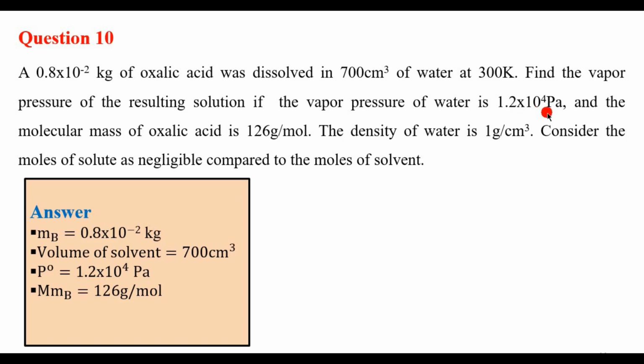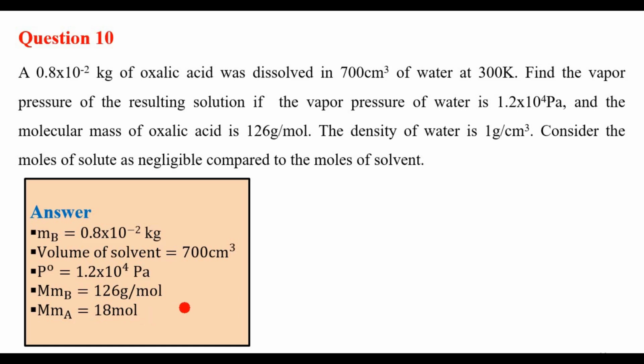We have also the molar mass of oxalic acid, which is the molar mass of the solid, MB. We have also the molar mass of the water, which is 18 gram per mole. Here it is 18 gram per mole, because the molar mass is expressed in gram per mole.